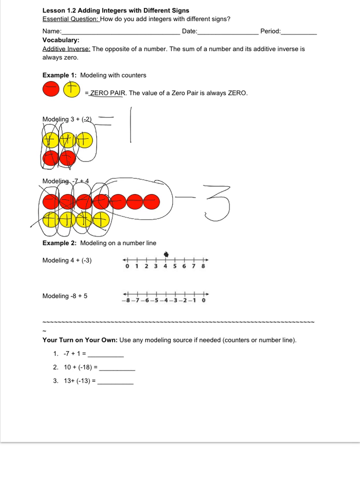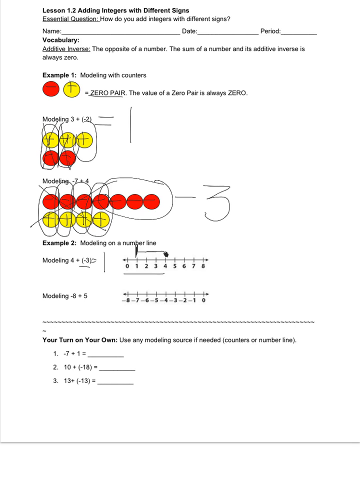So on a number line, negatives go to the left. So I'm going to move my point to the left 3 places. 1, 2, 3. 3 places to the left, and I am at positive 1. So the sum of 4 and negative 3 is positive 1.